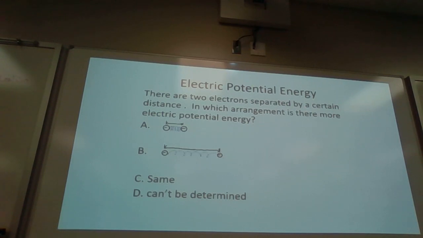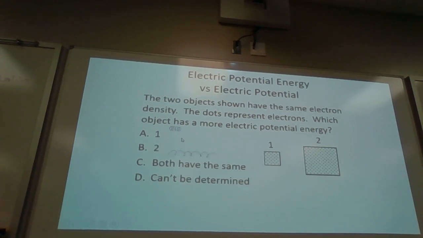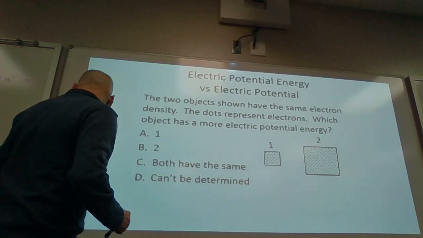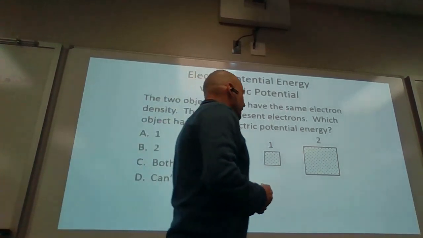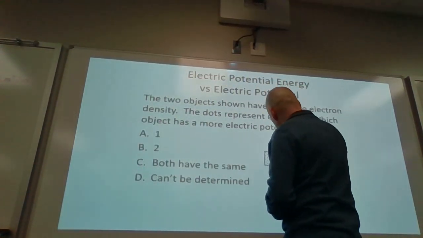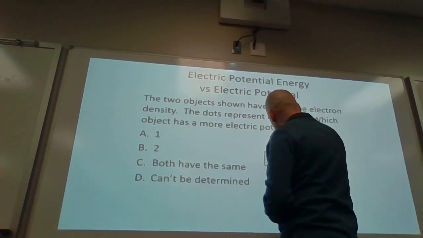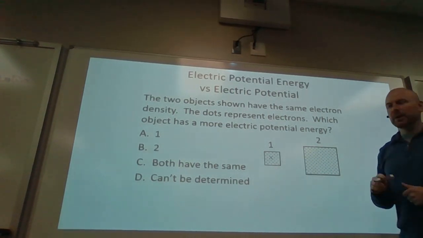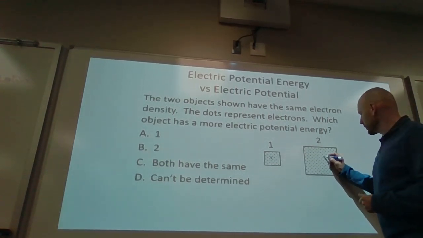So we're going to use this idea of a spring between there. This is a model of electrons being squished into an object, and pretend there's springs between each one of these electrons.